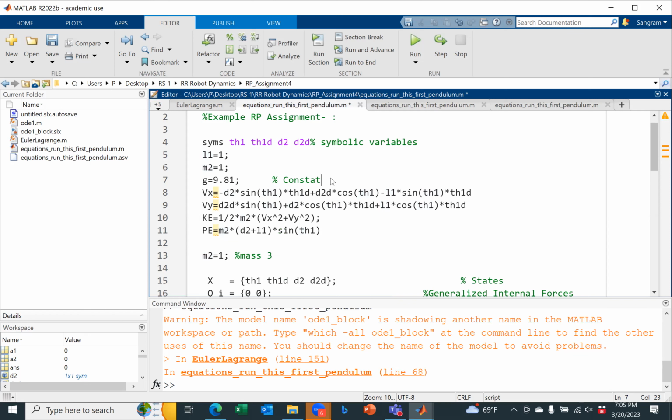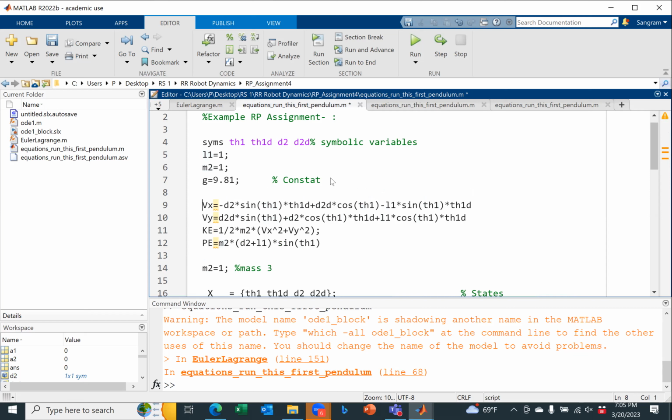Can you just explain again why we have rotational kinetic energy here? Yes, I will explain this once again.